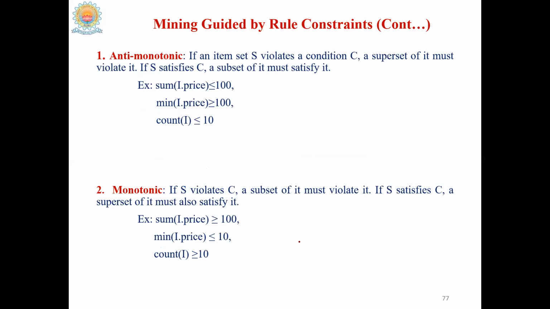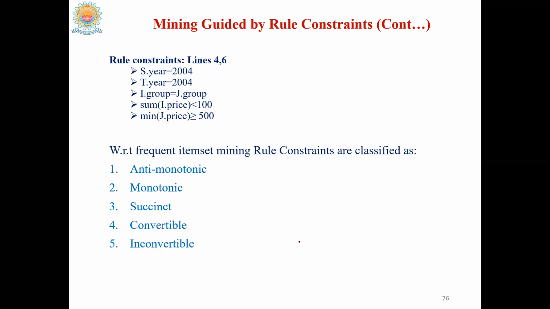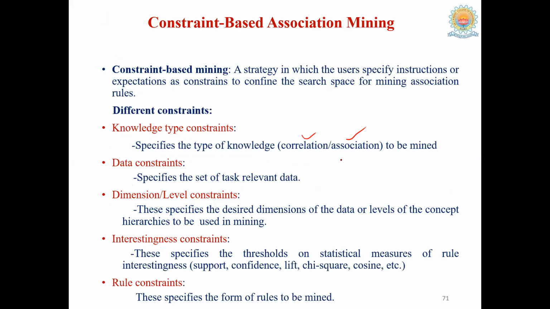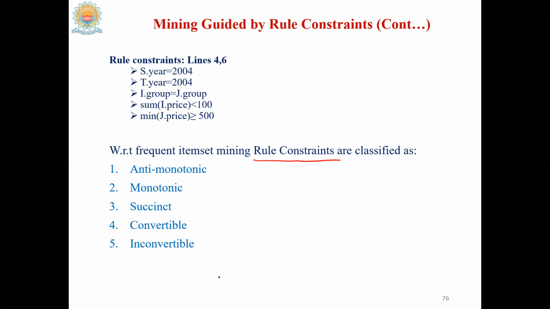All these are the types of rule constraints. We have 5 types of rule constraints, and these two, anti-monotonic and monotonic, are very close together, and there is a little confusion among these two. So listen carefully.